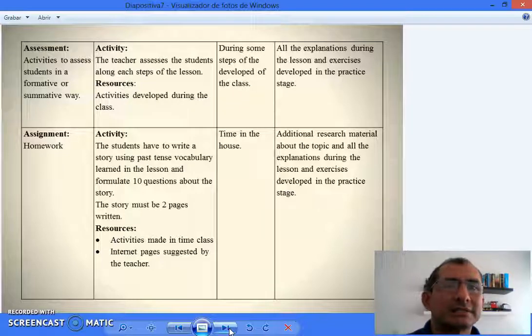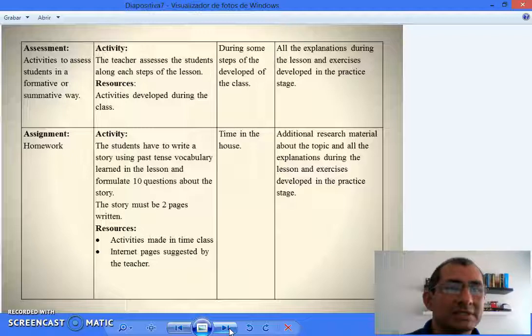Okay, the follow-up activity. The students have to write a story using past tense vocabulary learned in the lesson and formulate 10 questions about the story. The story must be 2 pages long. This is a homework activity they do at home, and they bring it to class the next class and present it to the class.